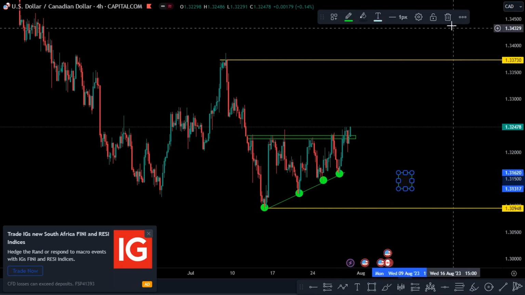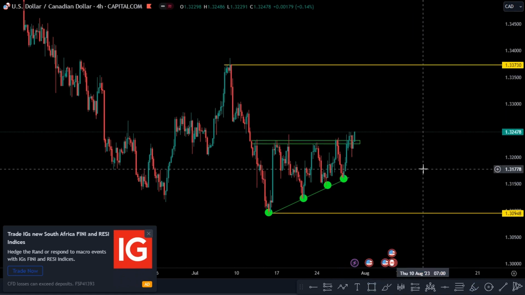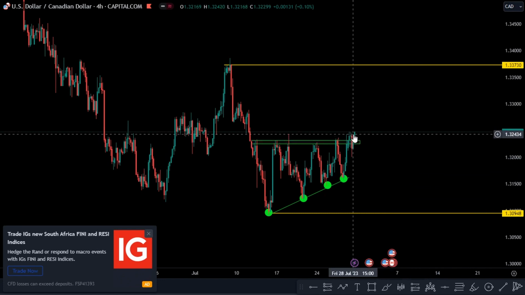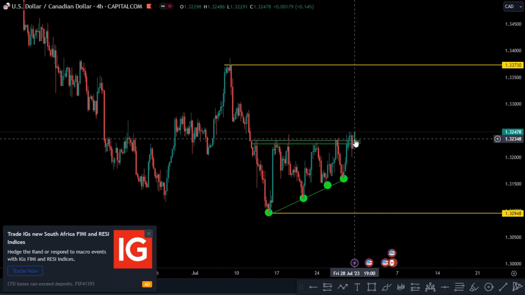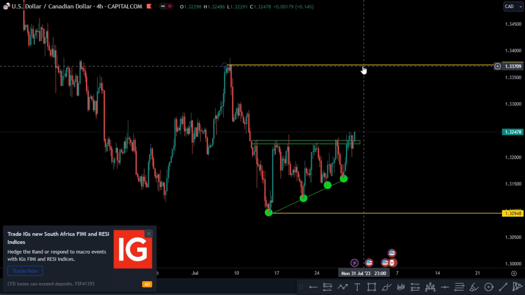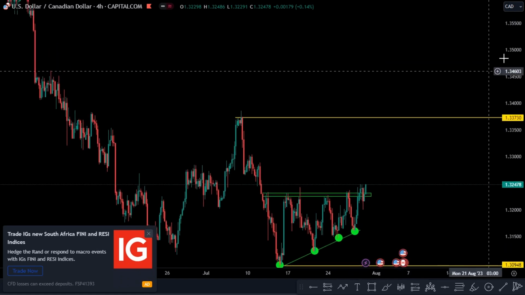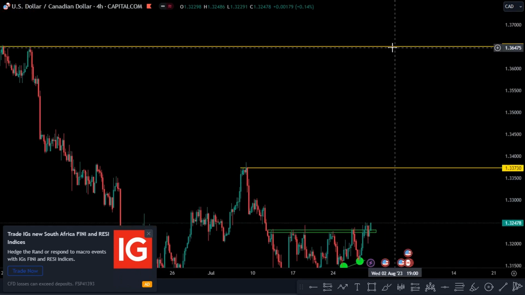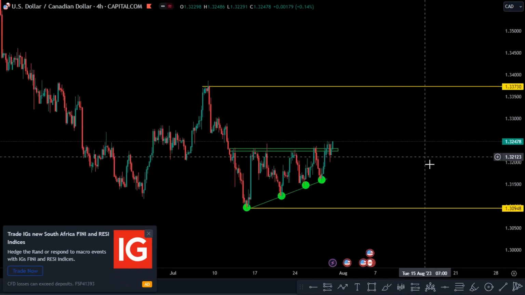Okay, and then after we have broken all of that, at this point I can confidently say that I'm looking to take a long position or a buy position on USDCAD from this current significant zone, at least towards this point. And then once I get confirmation that this area is broken, I will be anticipating a further push to that major resistance level right there.